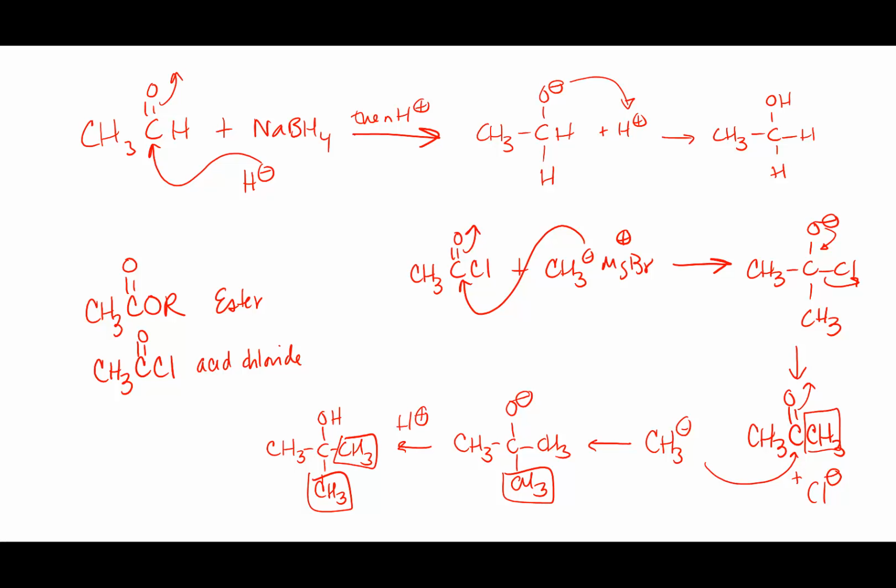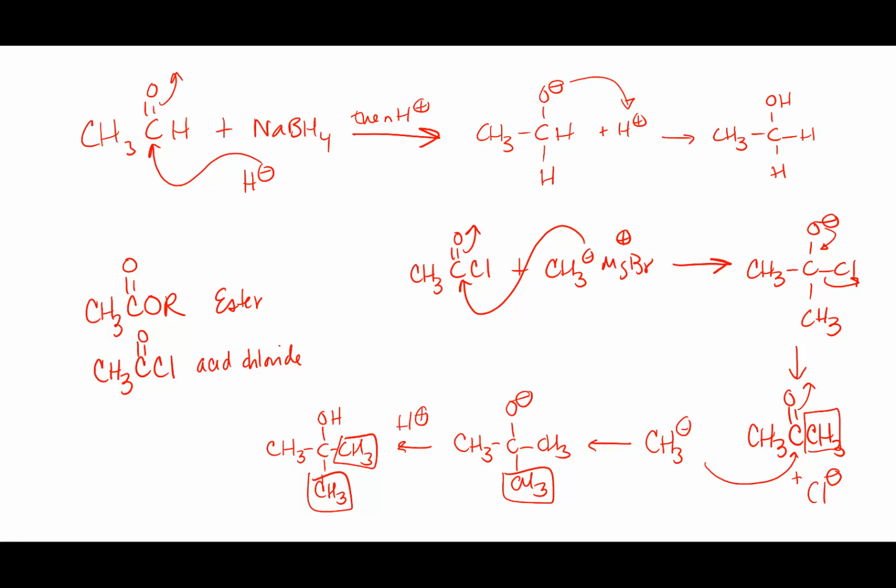How do you know if there's excess Grignard? The thing is I have a choice. I can either try and do this reaction 1-to-1. And if I did it 1-to-1, some of that ketone is going to be converted to alcohol. So at the end of the reaction, even if I do this 1-to-1, I'm going to end up with some tertiary alcohol, some ketone, and some unreacted acid chloride because it didn't get a chance to react, because the Grignard it was supposed to react with reacted with the other thing.